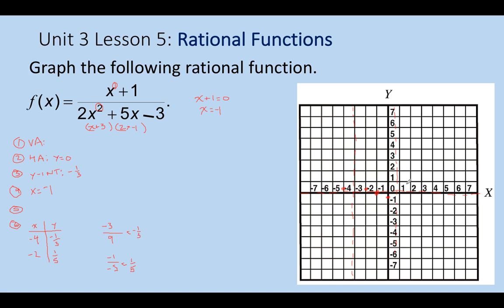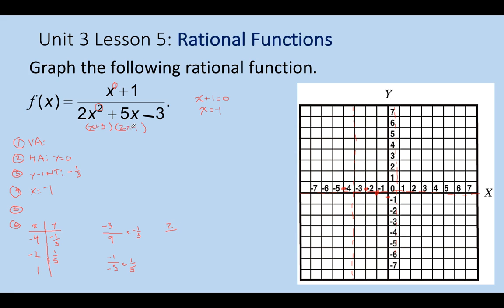I'm definitely going to want maybe 1 or 2 points over here on the right side of this asymptote. I think maybe one is technically to the right of 1/2. 2 would also be to the right. So I think maybe I'll just go ahead and pick 1. 1 seems good enough. So when x equals 1, what do I wind up with? I get 1 plus 1 is 2 as a numerator.